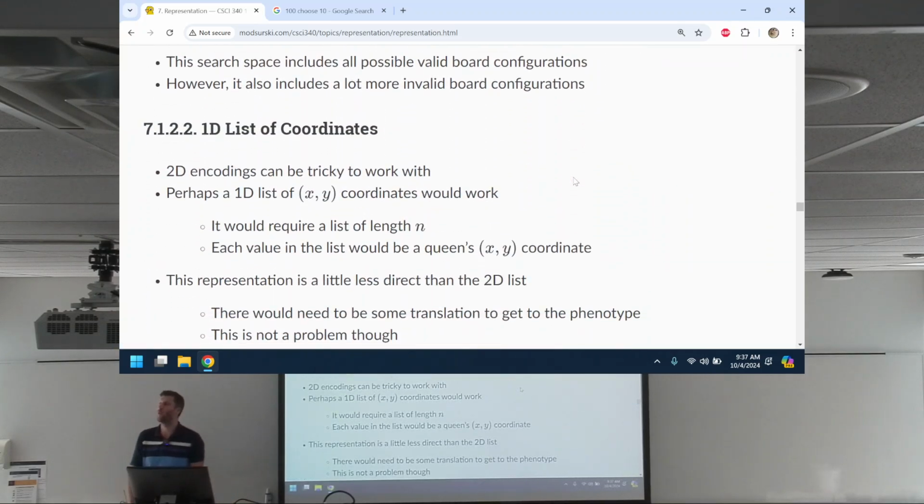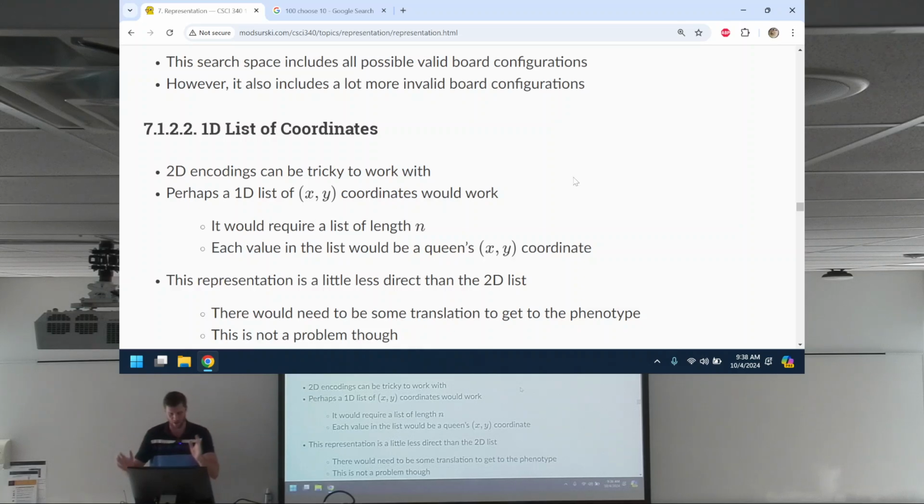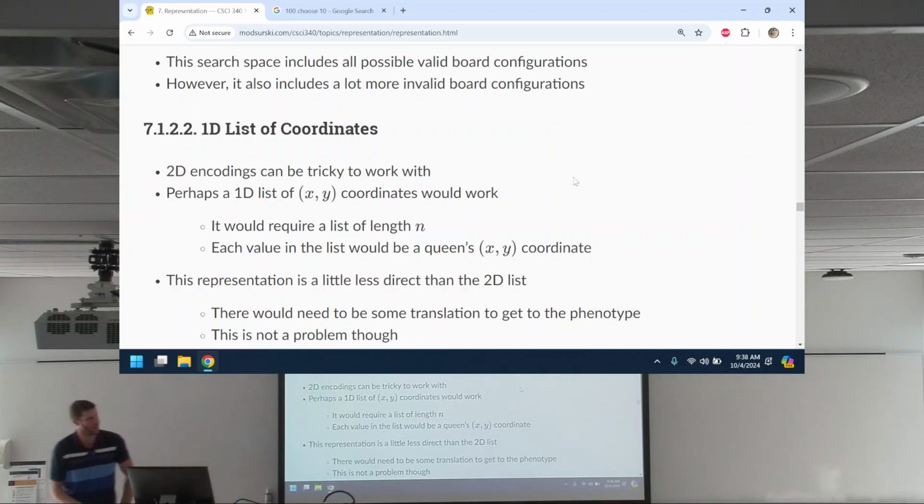Well, what about a 1D list of coordinates? It's still relatively direct. It's not as direct as a 2D matrix, but the translation from the encoding to the phenotype is natural, at least because we're used to coordinate systems. We've been doing it for like a decade of your life, right?